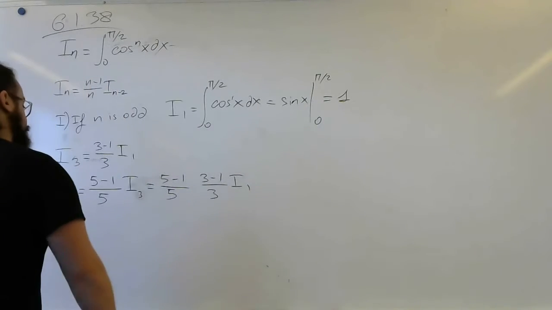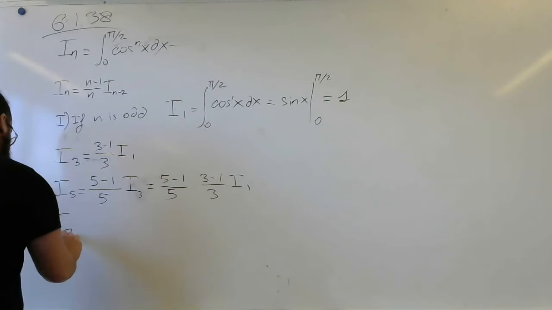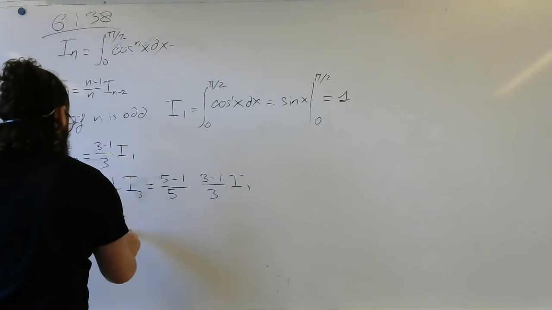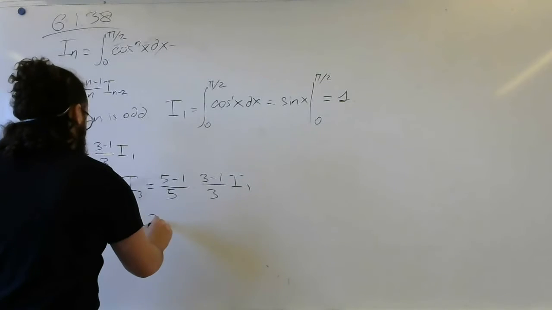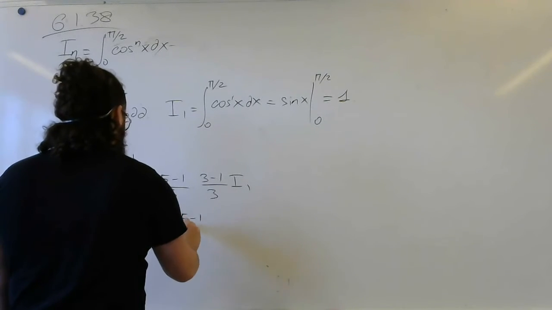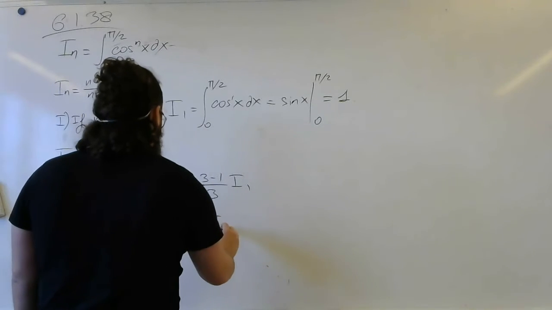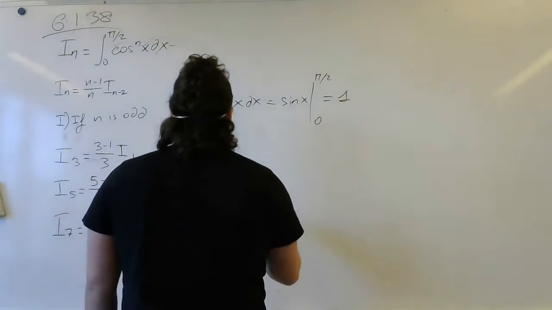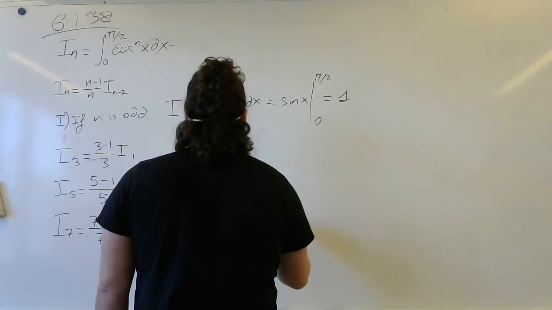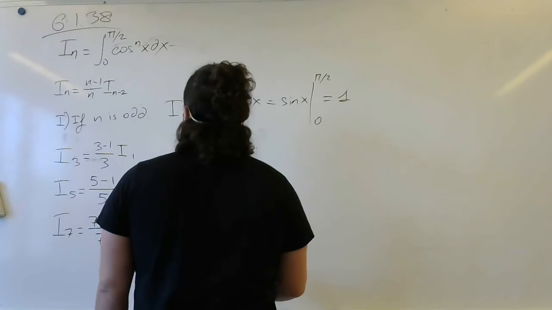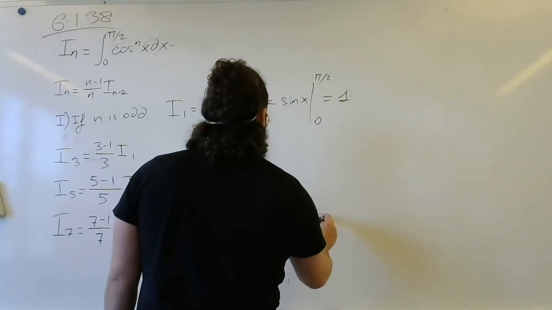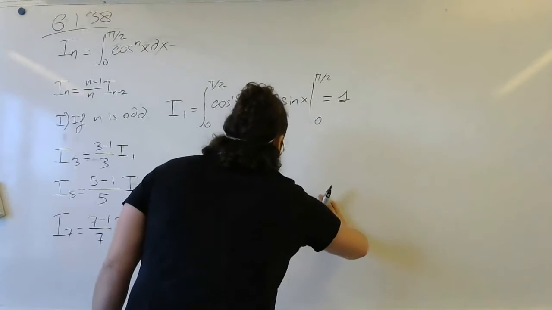I'm going to do one more. I7 is 7 minus 1 over 7 times I5, which is 7 minus 1 over 7 times 5 minus 1 over 5 times I3, which is none other than 6 over 7 times 4 over 5 times 2 over 3 times I1, which is 1.